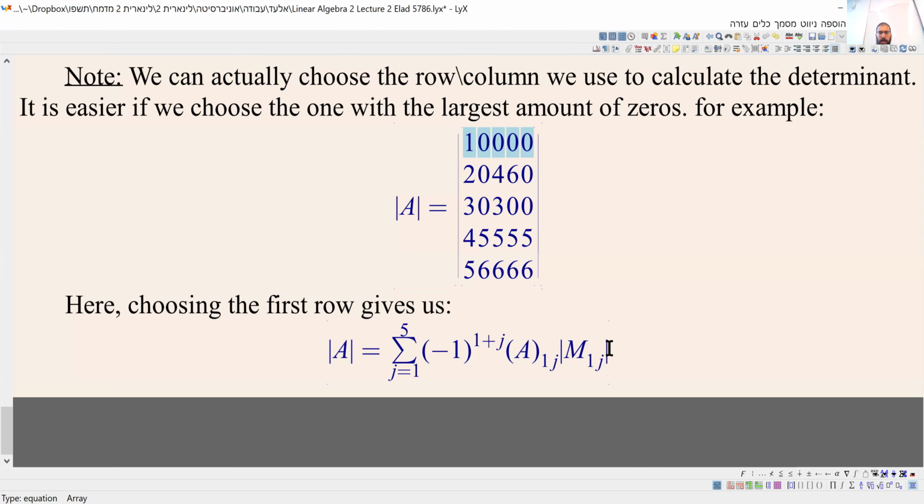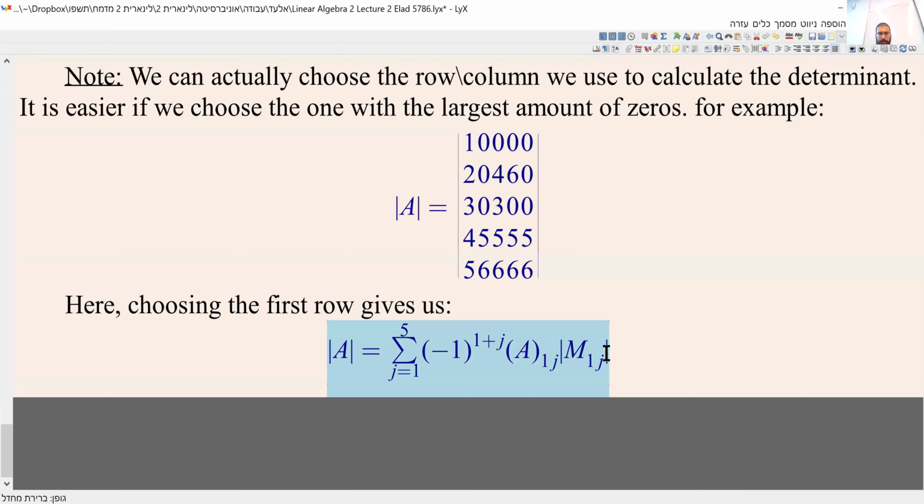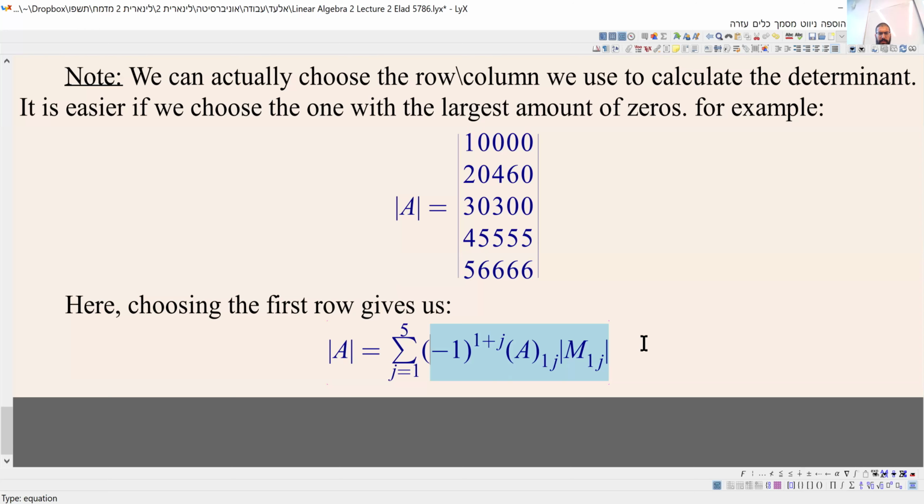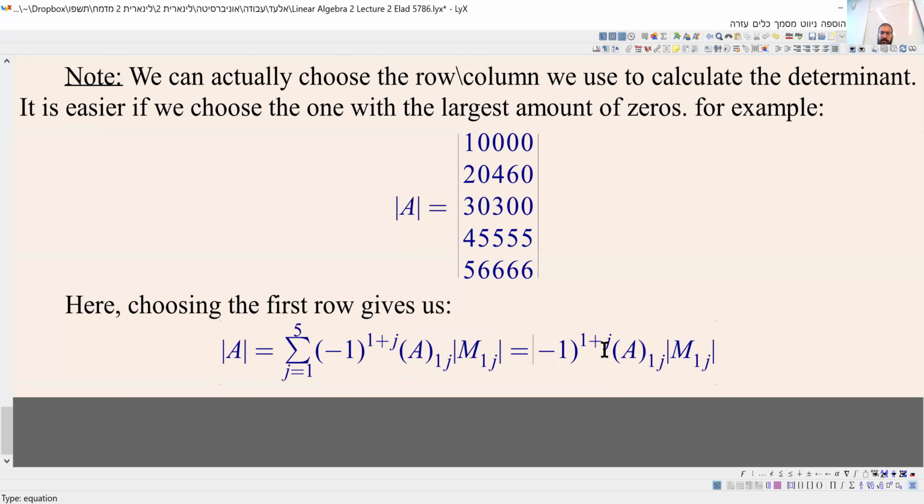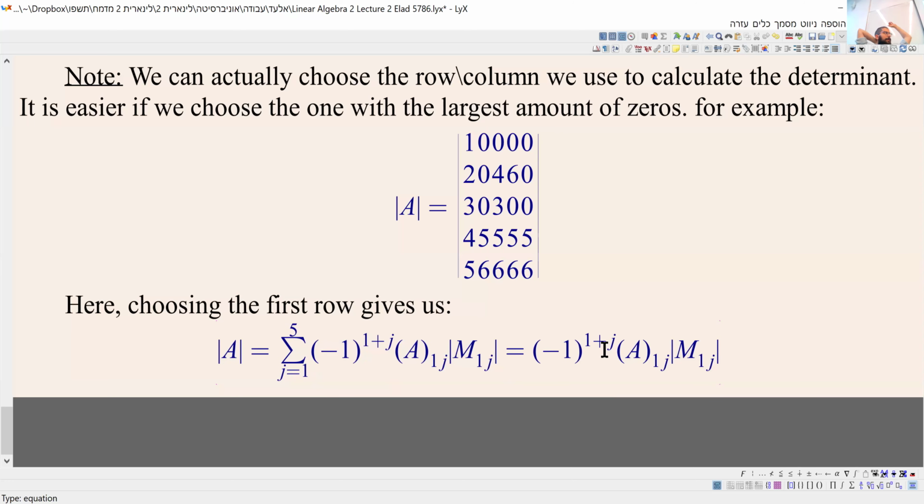Which means that when you write down all the elements of the sum, the only one which is not 0 is the one which belongs to I equals 1. If you plug in J is 2, or 3, or 4, or 5, you get the element A12, A13, A14, A15, which is 0 in this matrix.